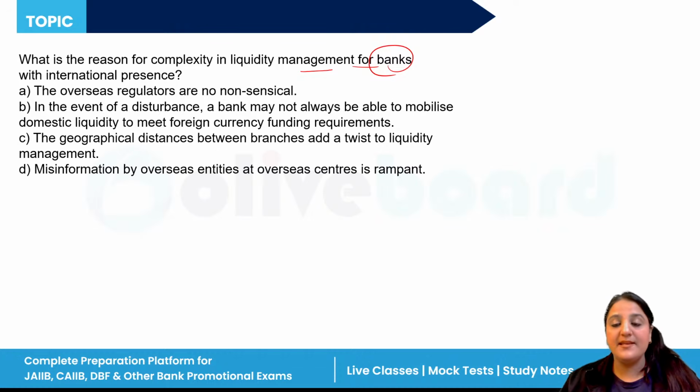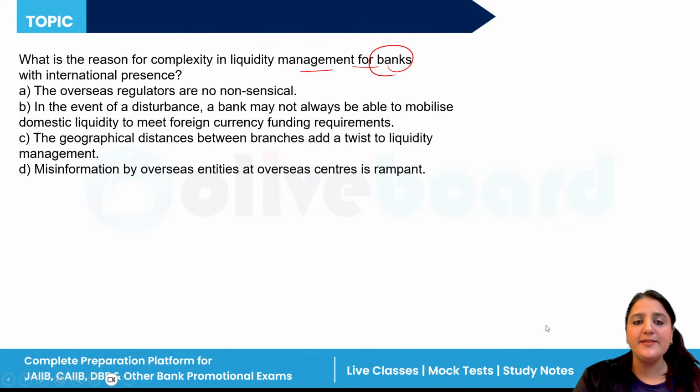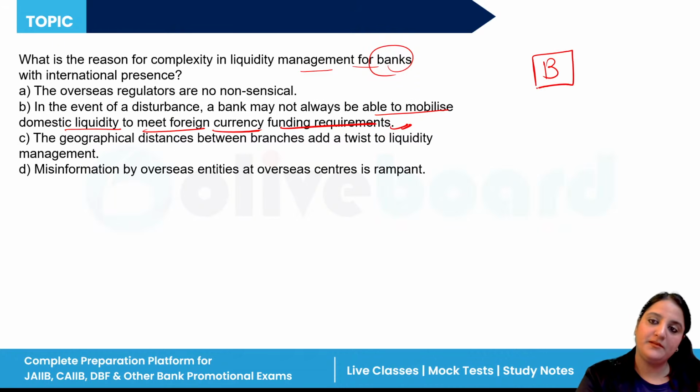Second, in the event of disturbance, a bank may not always be able to mobilize domestic liquidity to meet foreign currency funding requirements. So option B is correct here.